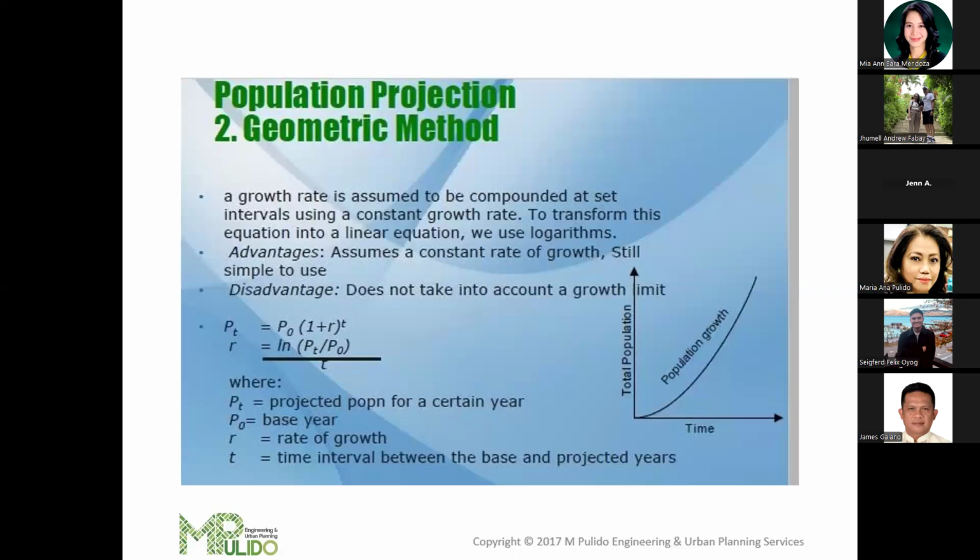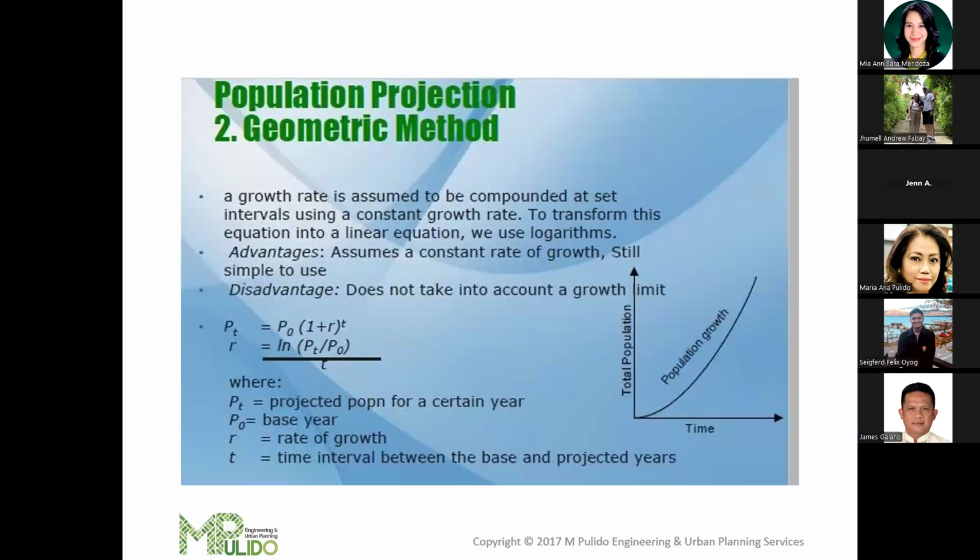What are the limitations of this method? Number one, it does not recognize environmental or physical limits to growth. It can overestimate if growth slows due to economic saturation or policy restrictions.